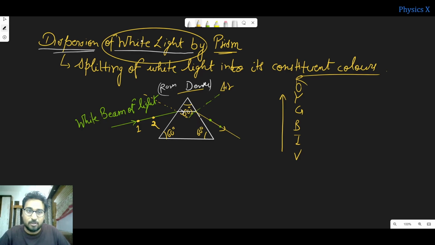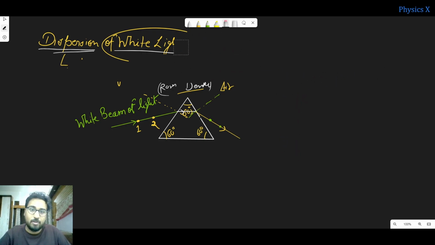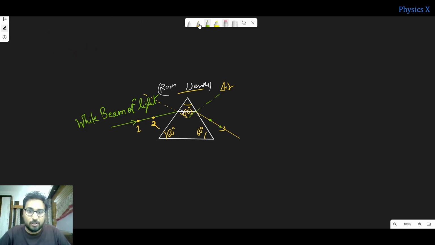This is about refraction. First of all, we are seeing refraction, and dispersion we will see in a while. We have some terminologies.